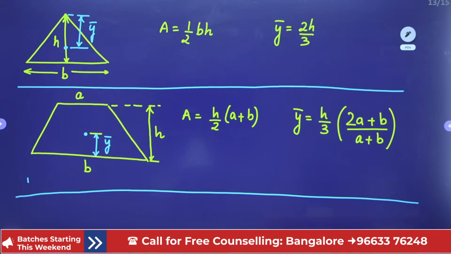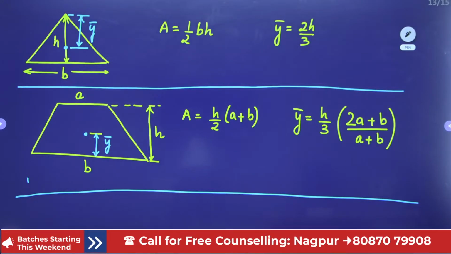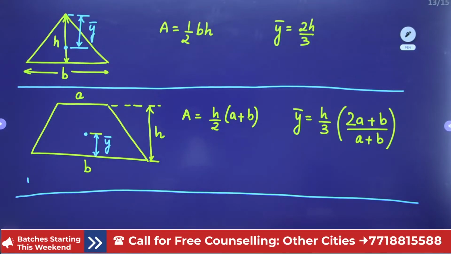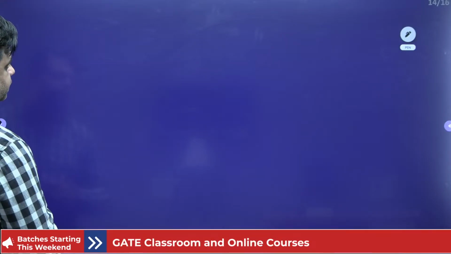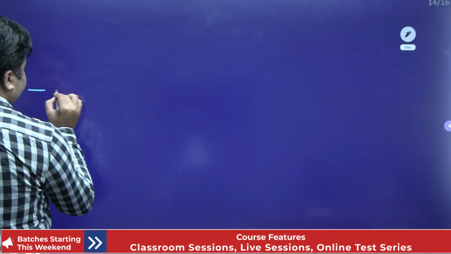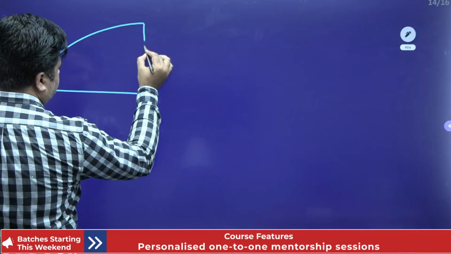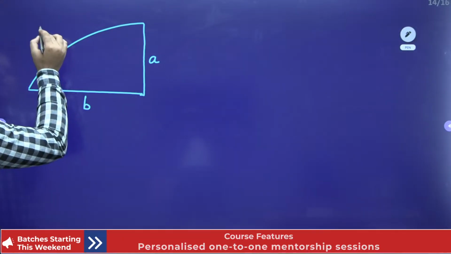You can note this down. Next is your parabolic spandrel. This is your parabolic spandrel. So this side is A, this side is B. This is parabolic.